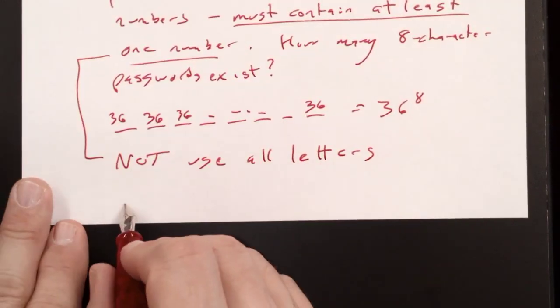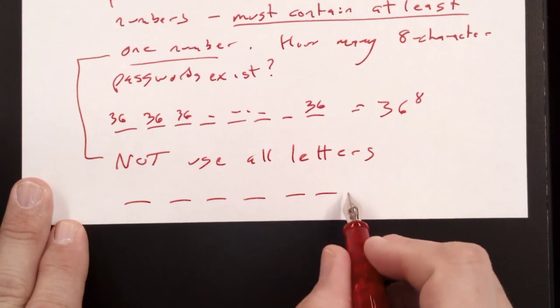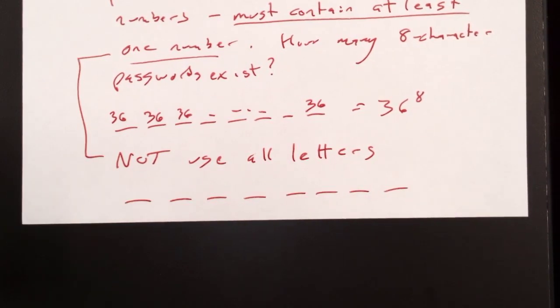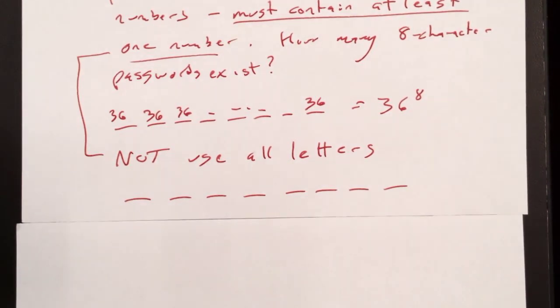So, how many passwords only contain letters? You have 36, 37. Because you have to have at least one. That's not what I've asked. Right now, I just want to know how many passwords use all letters. 26 to the 8.